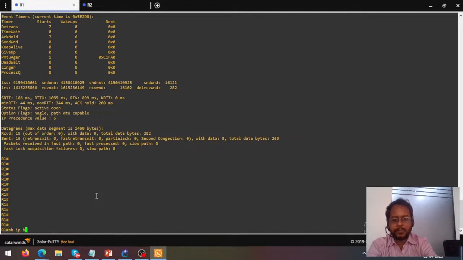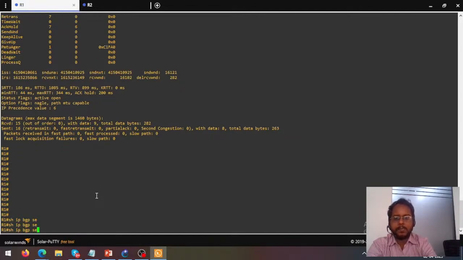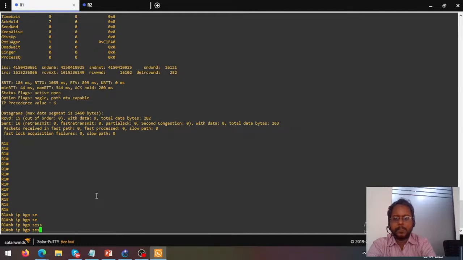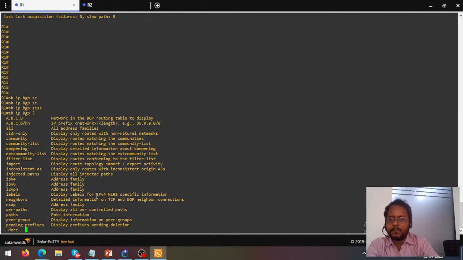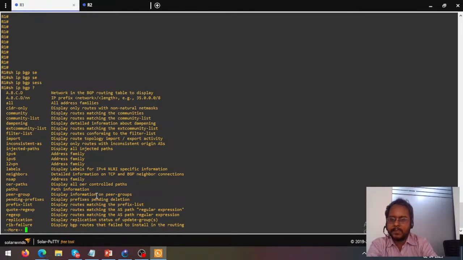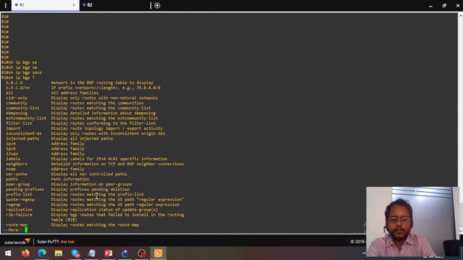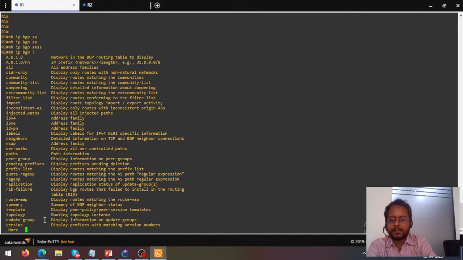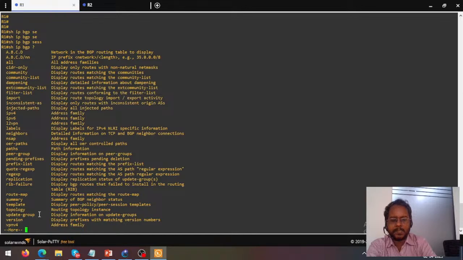Again, if you give show ip bgp, you can have other things also. You do not configure the address families here, but if you configure them, or the paths, I have already shown you the neighbors, so let me show you the summary.